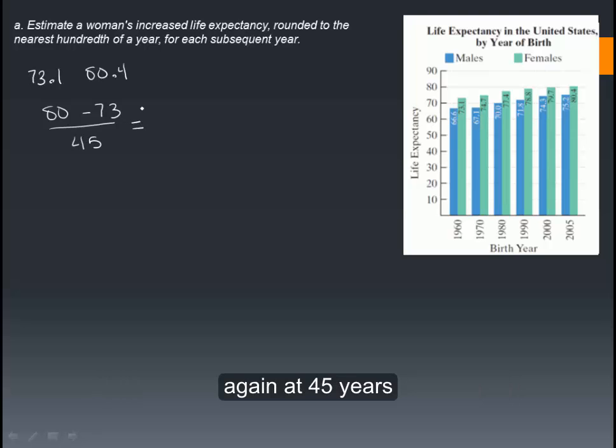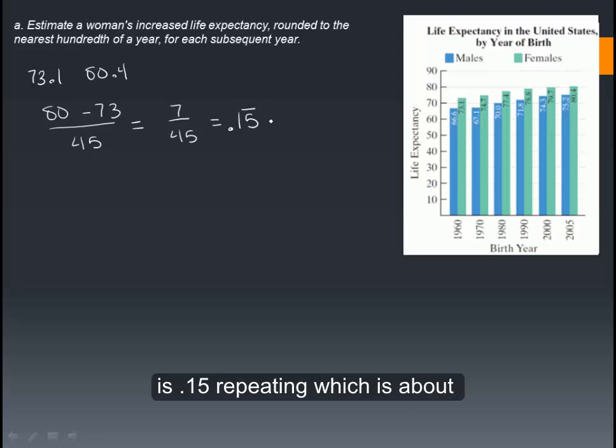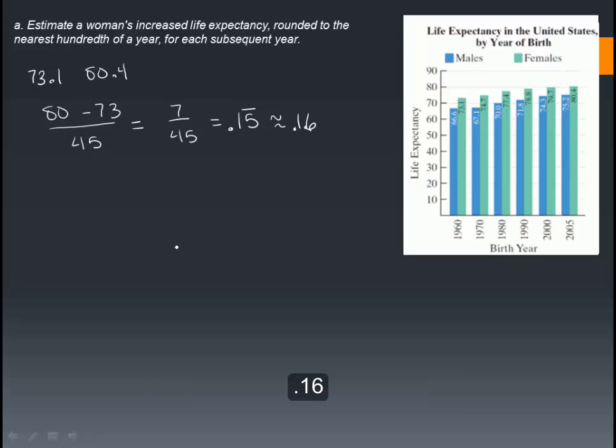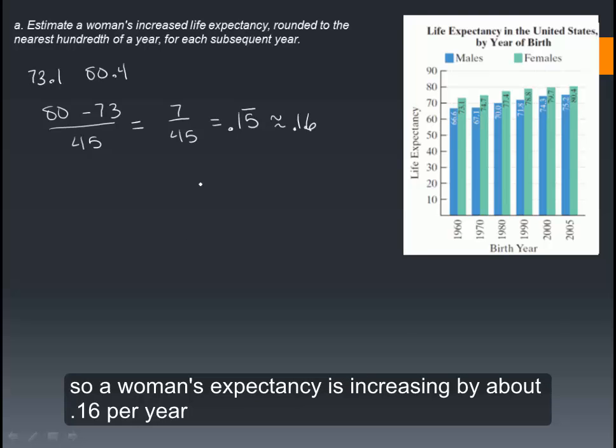Again, I have 45 years. 80 minus 73 is 7. 7 divided by 45 is 0.15 repeating, which is about 0.16. So a woman's life expectancy is increasing by about 0.16 per year.